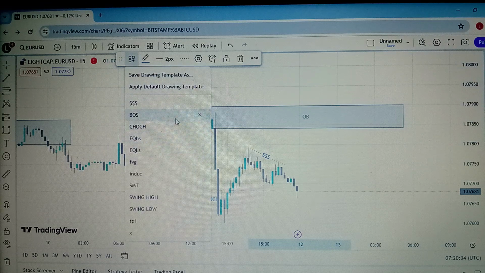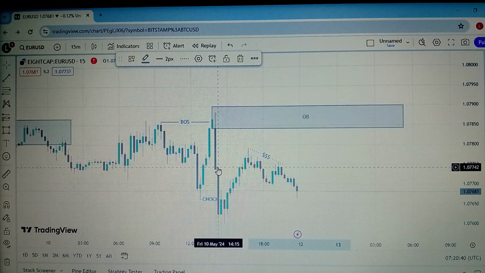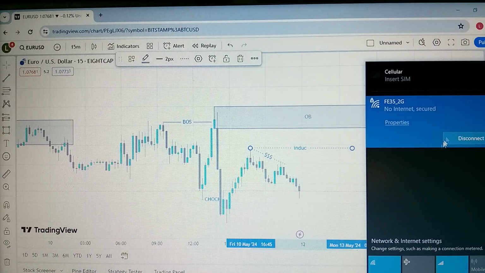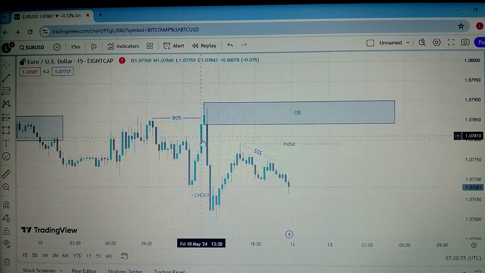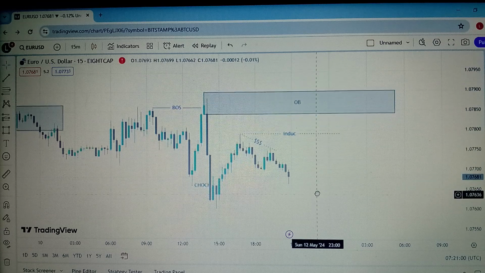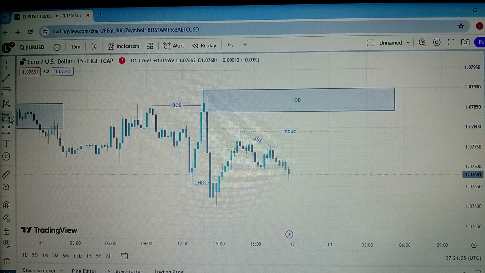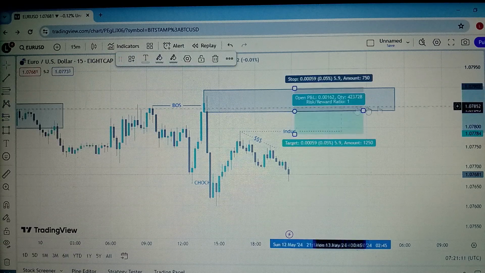Anyway, we have adjustment of this level because we have early sellers right here reacting from this fair value gap, which is possibly creating an inducement for price to tap in to this order block right here.